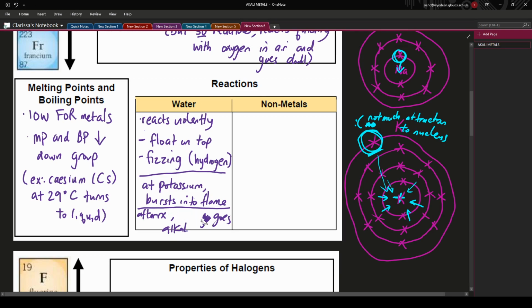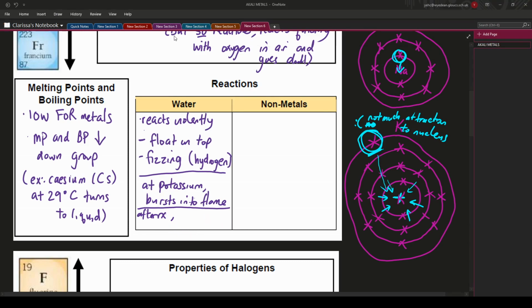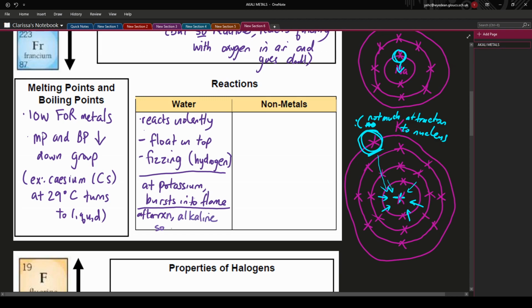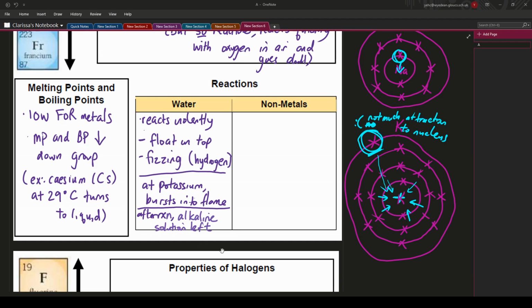The water is just neutral, but the solution would go alkaline. Just nitpicking. Alkaline solution left.